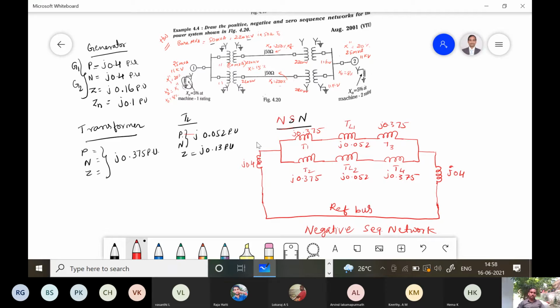Now we need to draw the zero sequence network. Is it clear? All of you write the negative sequence network as it is, same thing.